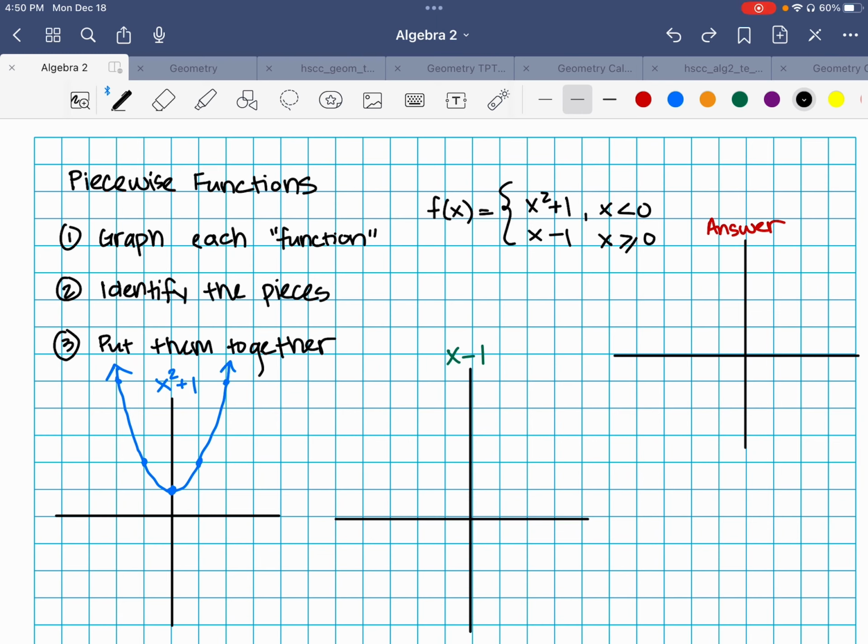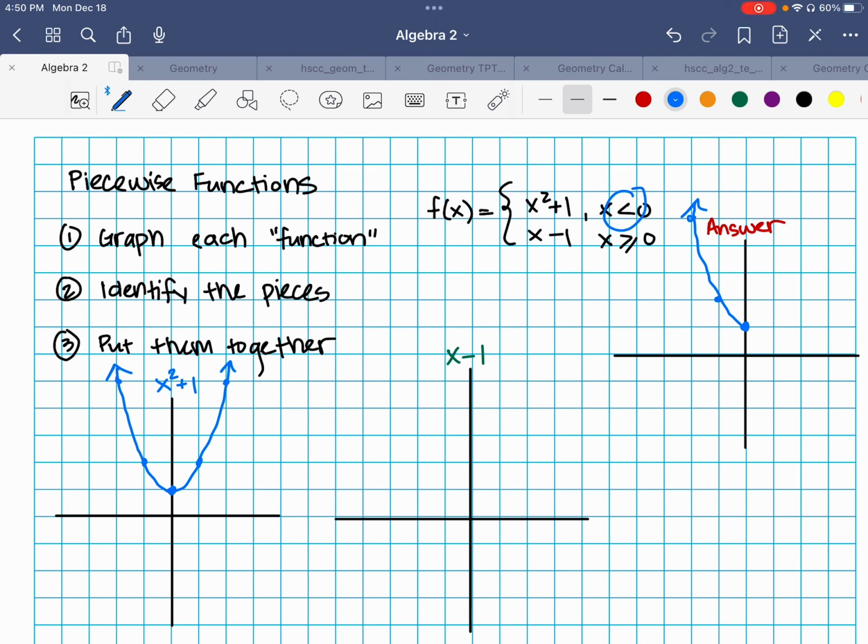So when I graph that blue piece, what I really want is just this part right in there. I'm going to graph just that piece onto my solution over here.